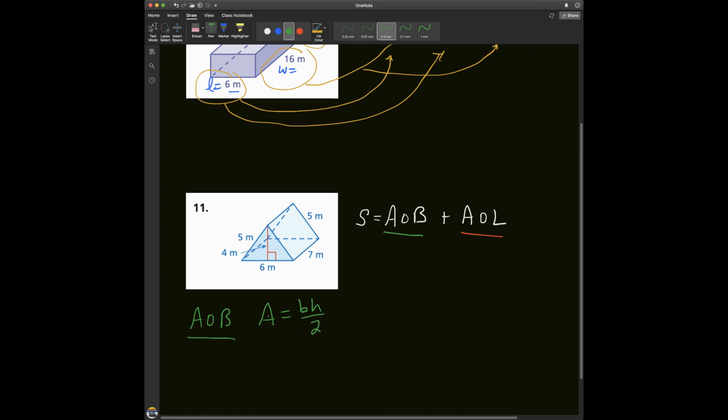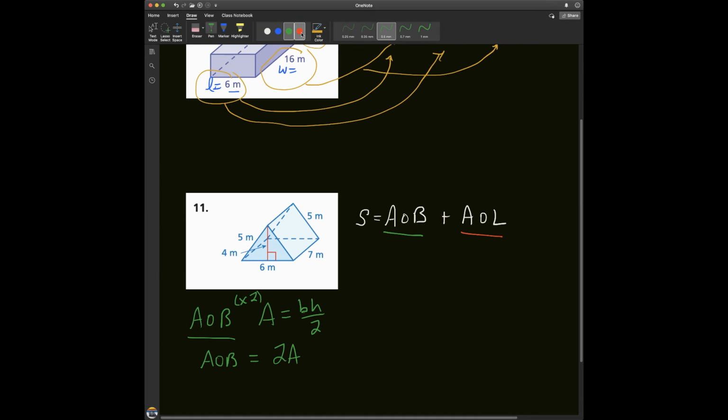And remember, when I find this area, I need to multiply by 2 because there are 2 triangles. There's one in the front and there's one in the back. So calculate the area, and then remember the area of the bases equals 2 times the area of one of those triangles.